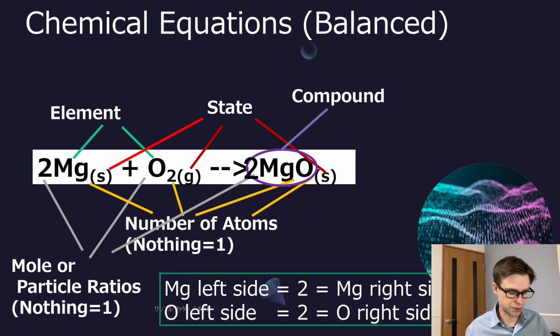So you can look at this: 2 magnesiums on the left, 2 on the right, they are equal. 2 oxygens on the left, that O subscript 2 indicates 2 oxygen atoms bonded together. And then 2 units of MgO, that also contains 1 oxygen atom each, so that's 2. So they are balanced in that way. It's your job to balance these chemical equations.